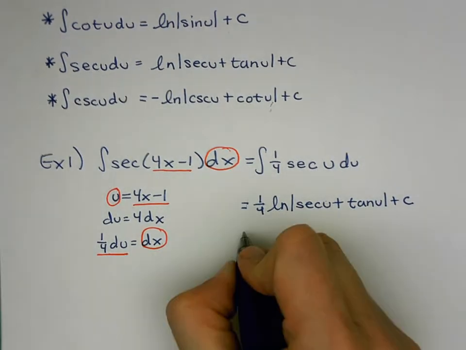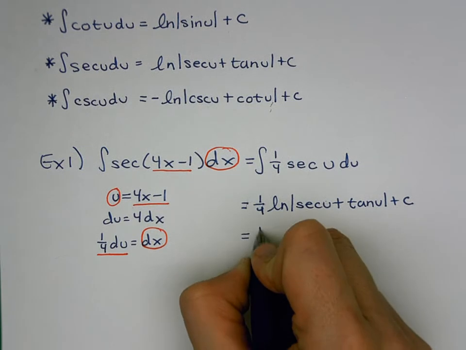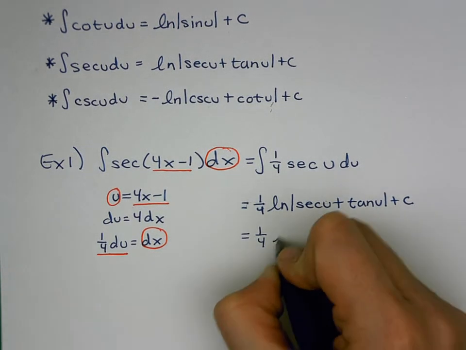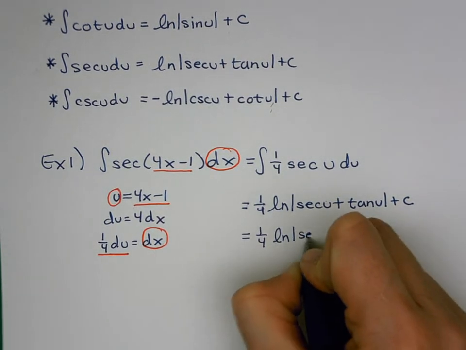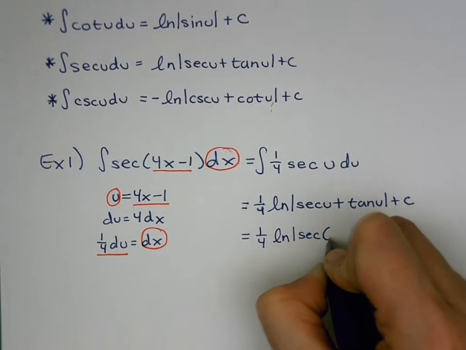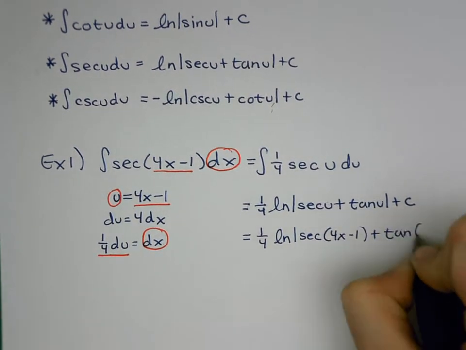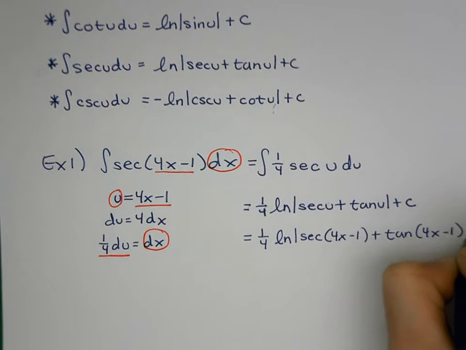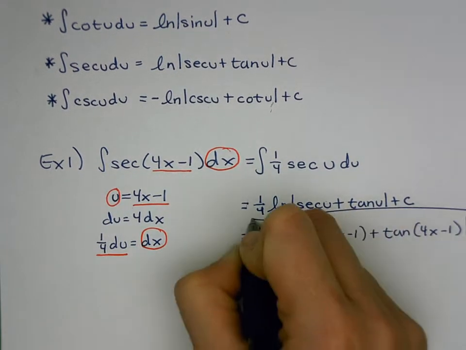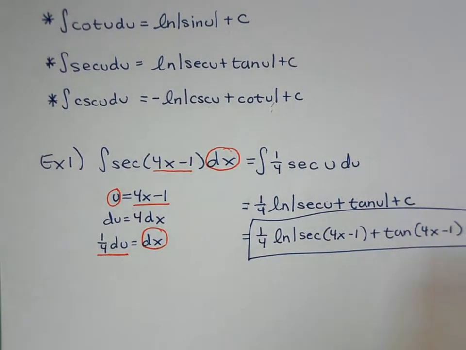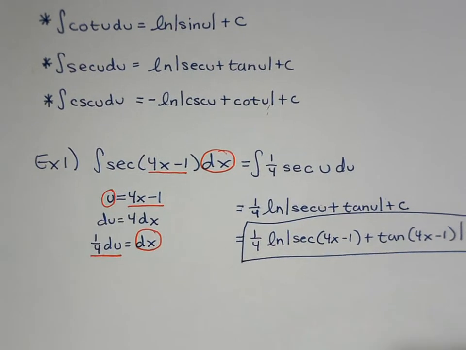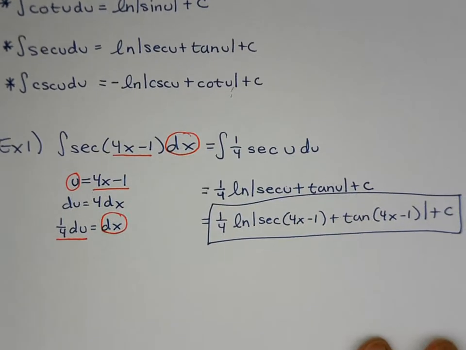And then if I substitute my u back in, my u is 4x minus 1. So we get the absolute value of secant 4x minus 1 plus tangent of 4x minus 1. And that's my answer. The other thing you might look for is this 1/4 to have been brought up as an exponent there.